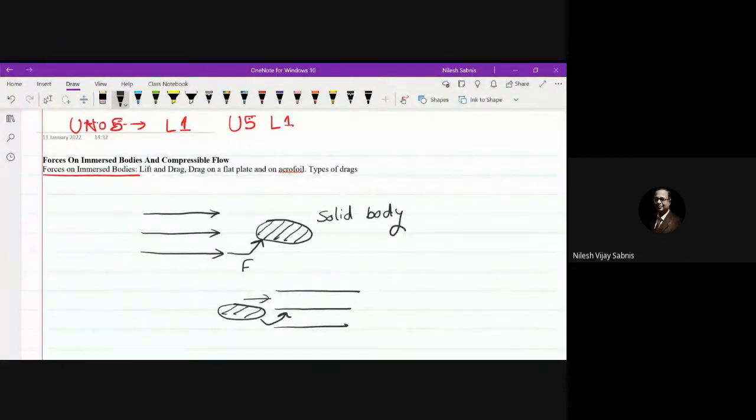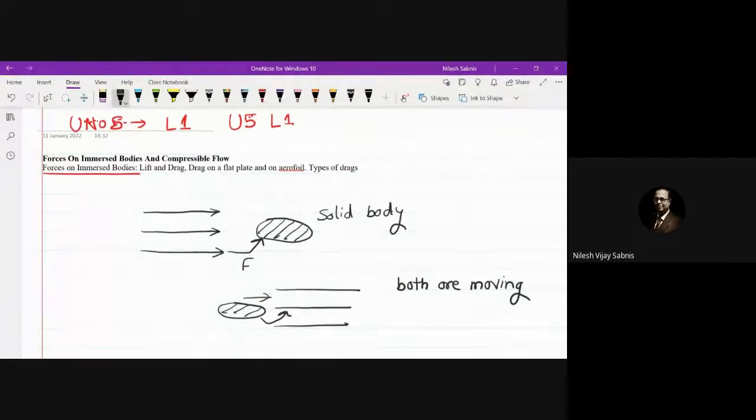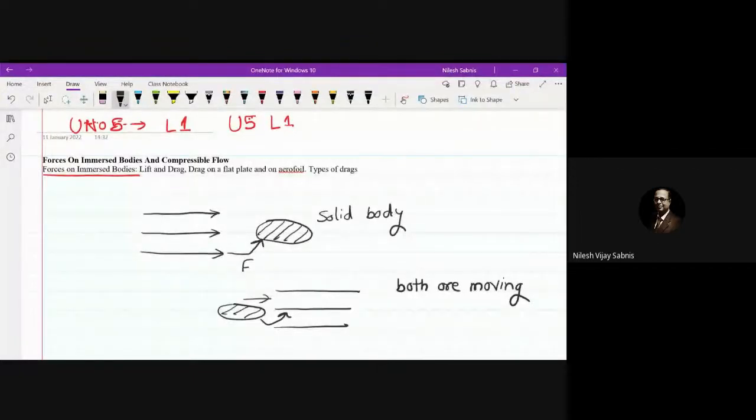Suppose both are moving now. In that case, what will happen? Tell me. Suppose body and fluid both are moving with different velocities. Then what will happen?